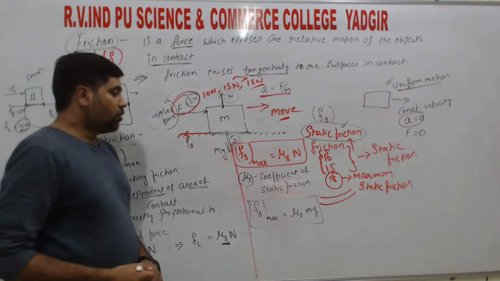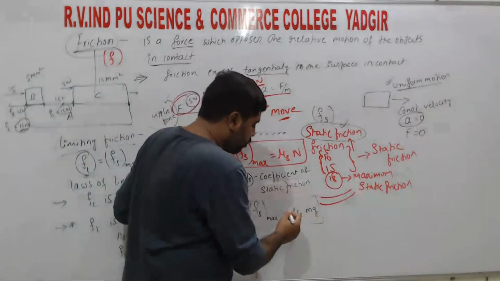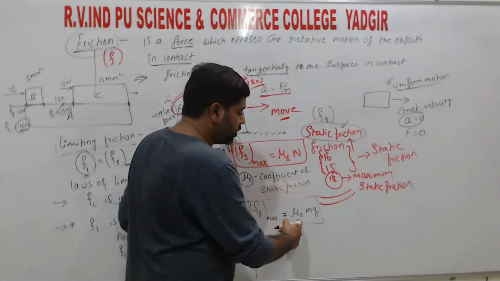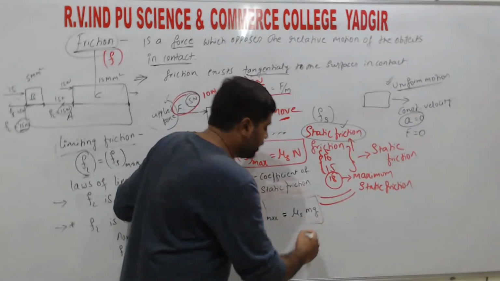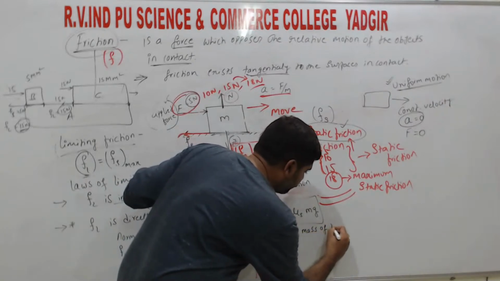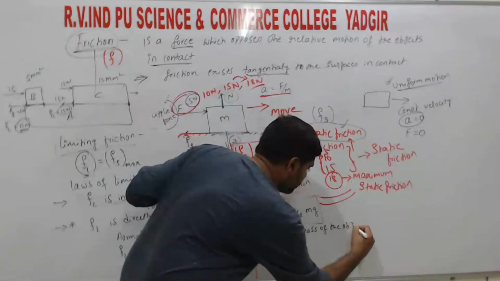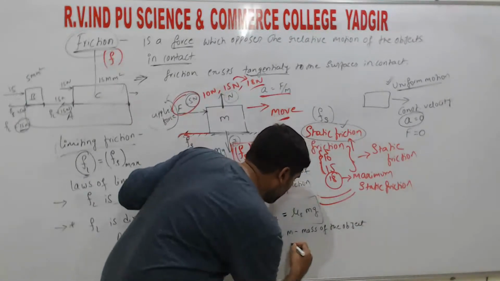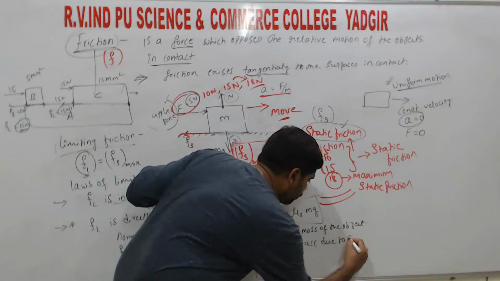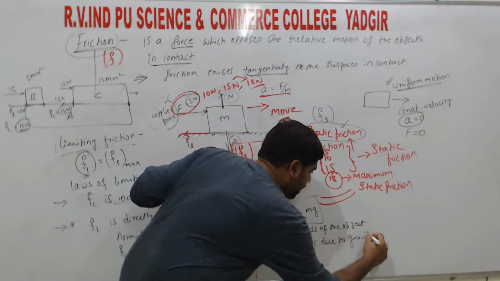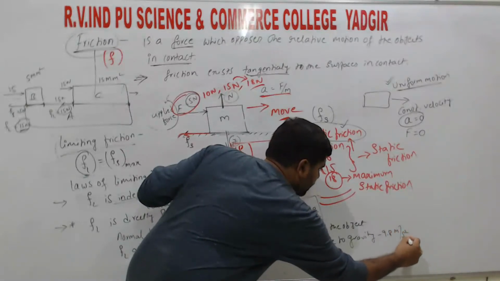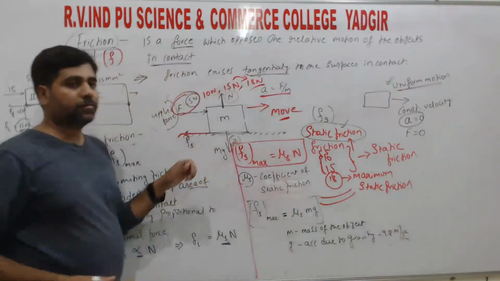While solving problems, all these points are very important, right? Fs maximum is equal to mu s mg, where m is the mass of the object and g is acceleration due to gravity, and its value is 9.8 meter per second square, right?